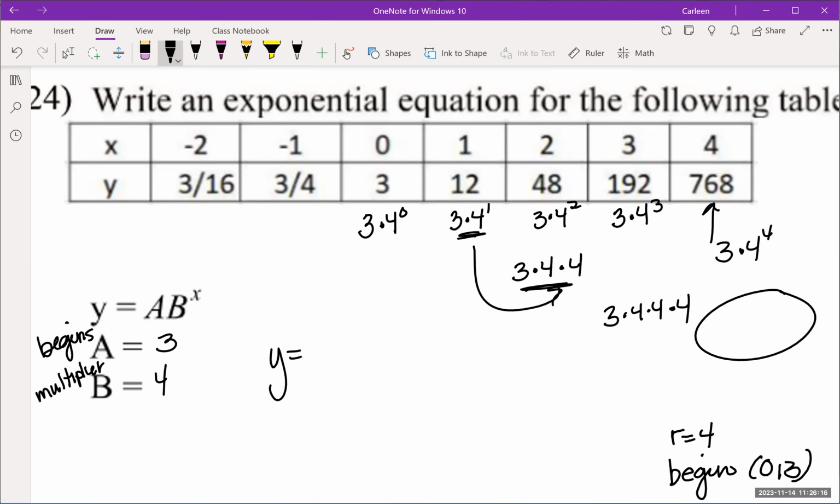Therefore, the equation is, take a look at this. Where am I going to put my variable in? 3 times 4 to the x. Okay. We're done.